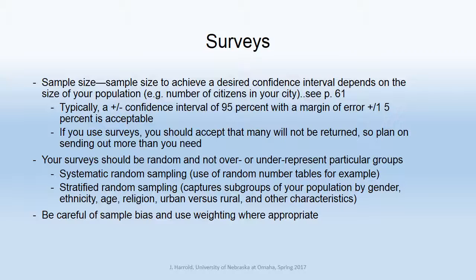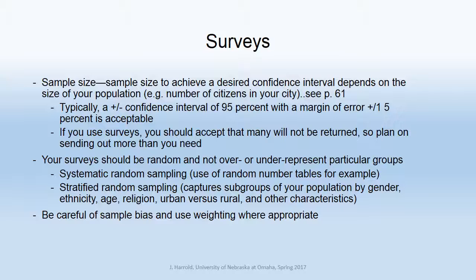Typically, a confidence interval of 95% with a margin of error of plus or minus 5% is acceptable in social sciences, and it's certainly acceptable for the kind of work you would be doing as a policy analyst. If you use surveys, then that means you have to send out a lot more, because you should plan on a large percentage of people never responding to your survey.